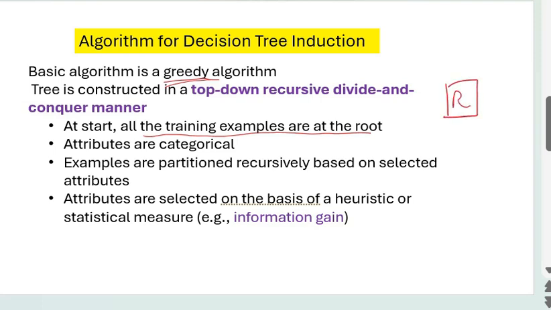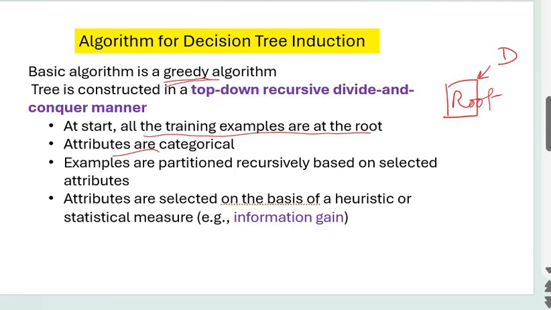If this is the root of the decision tree, then the entire data set or all the training examples are assumed to be present here. Attributes are supposed to be categorical. We will see how the numerical attributes can be converted to a form so that they behave in this manner.